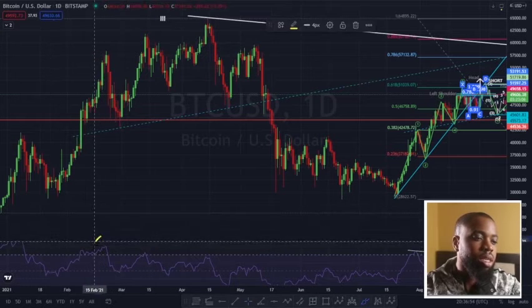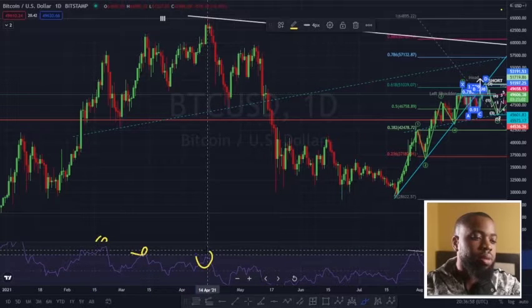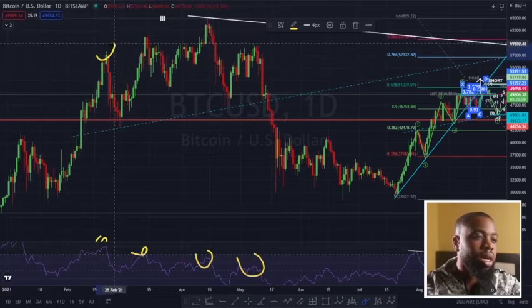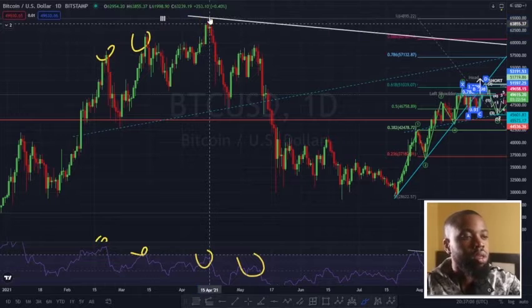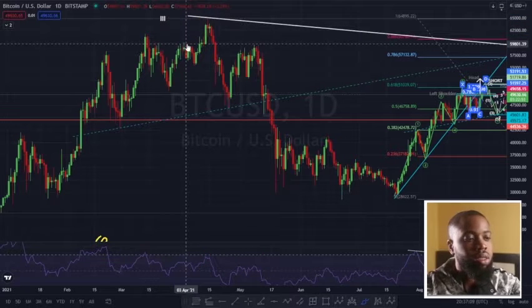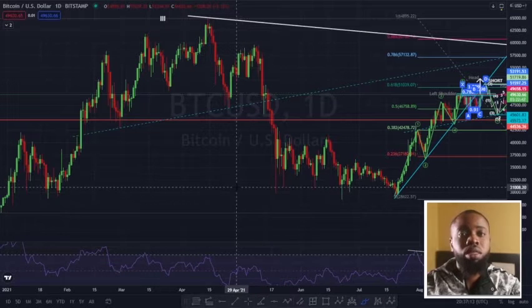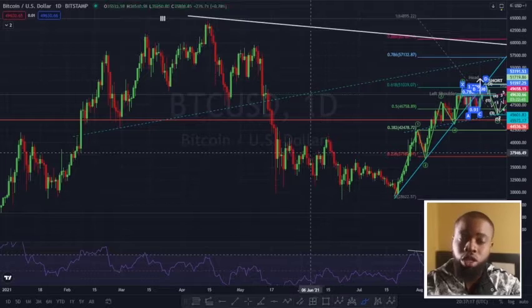We started making lower lows in the RSI, and yet we were still making higher highs in the price. Now, if you don't know, this is a classic bearish divergence, which means the market was due for a correction, and in fact, we had the correction.